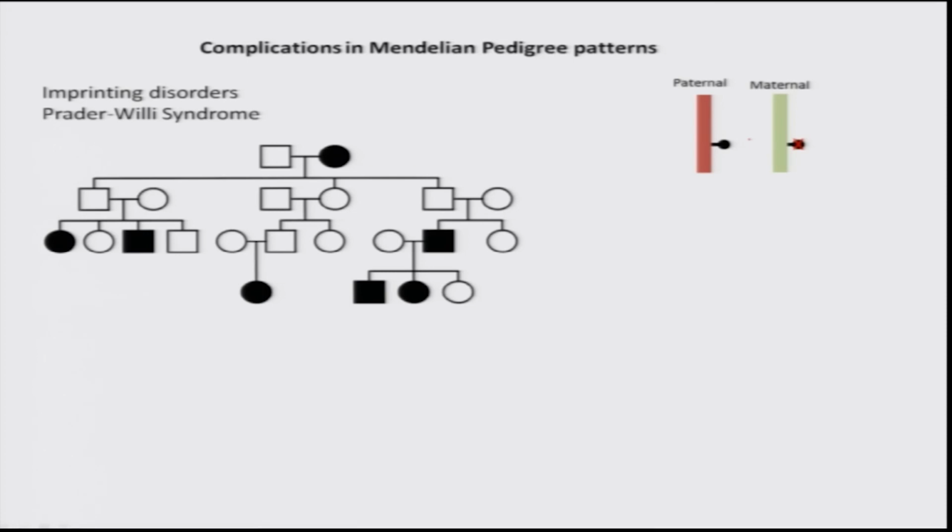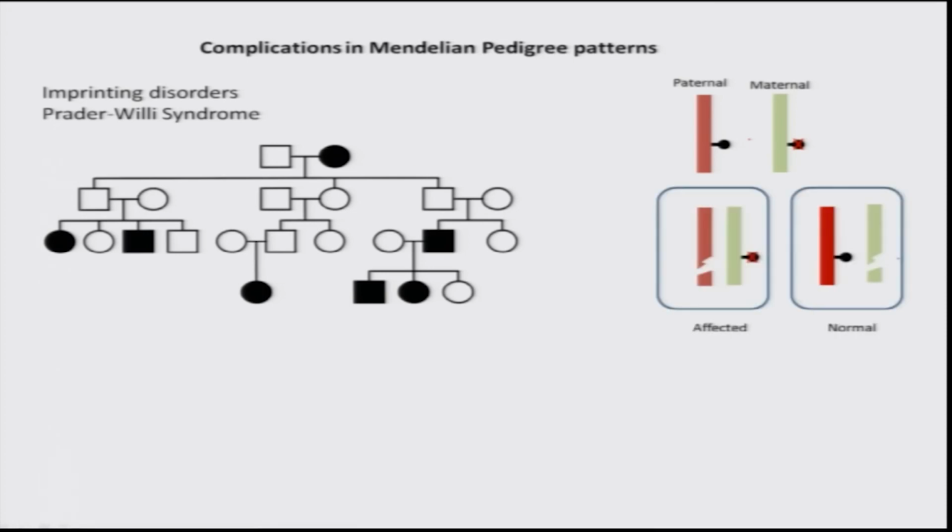So, what would happen in this case is that for such a gene, for example, a gene that is normally expressed on the paternal allele, if the mutation for the same gene is present on the chromosome which gets silenced for this particular gene, now if an individual has this kind of genotype where the mutation is present on the maternal copy, then he would still be normal, because anyway this copy is supposed to be silenced.